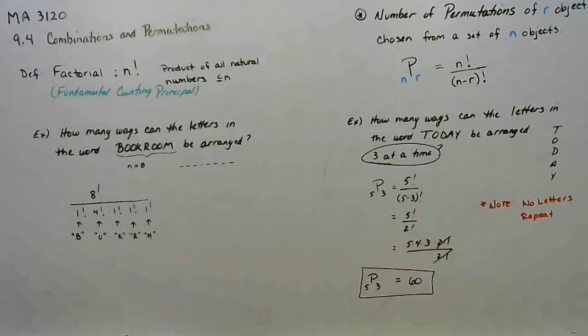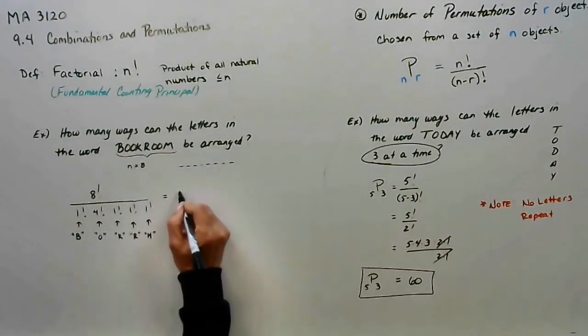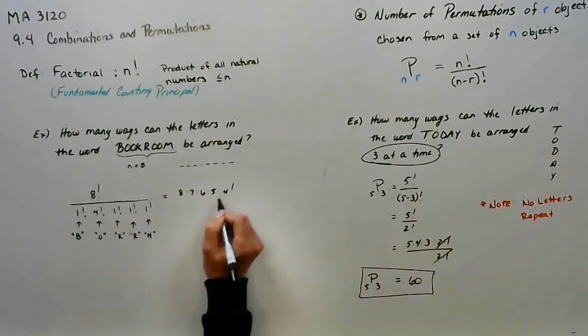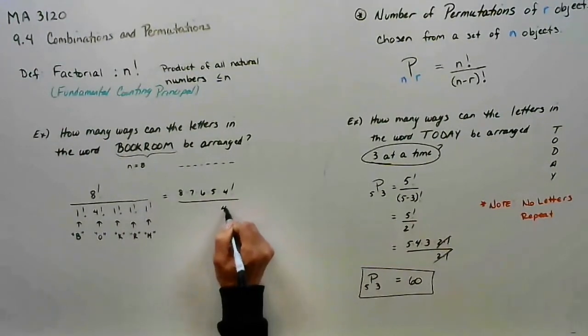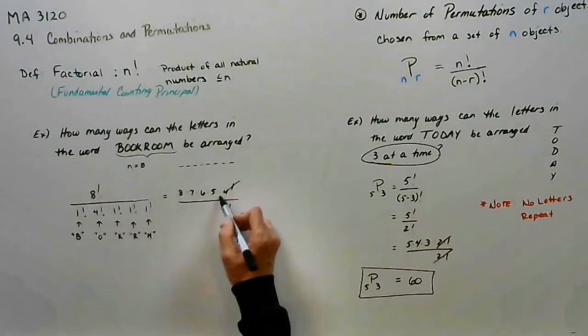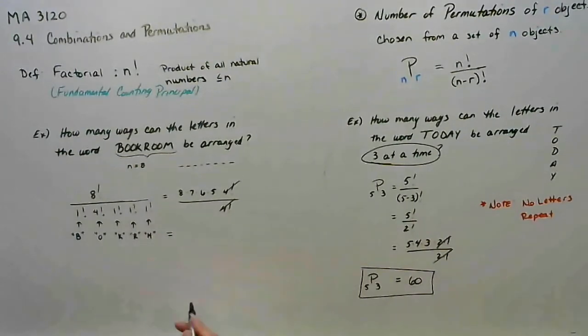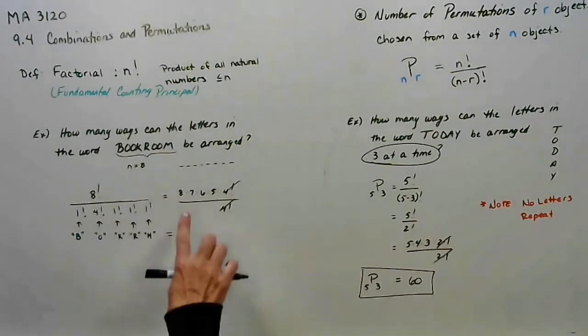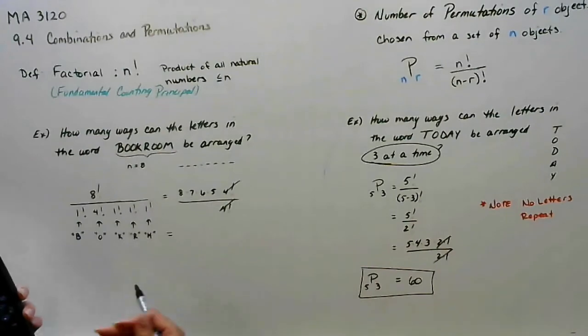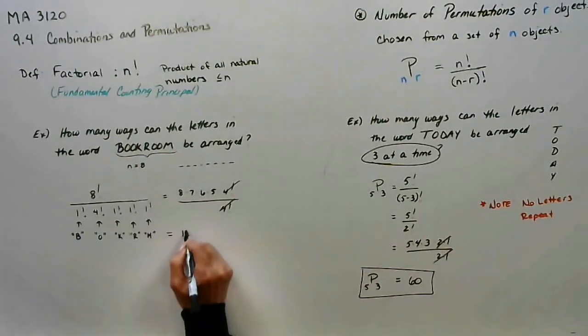And so now I can simplify and say that's going to be 8 times 7 times 6 times 5 times 4 factorial over 4 factorial times a whole bunch of 1s. Now if I work that out, I end up with 56 times 30. Let's see. 56 times 30 gives us 1,680.